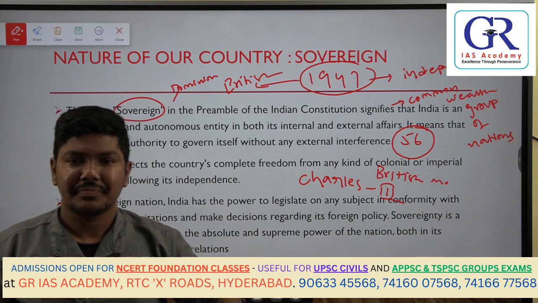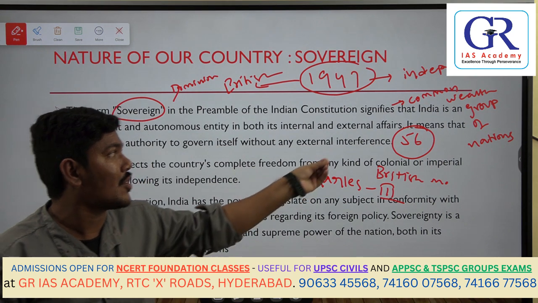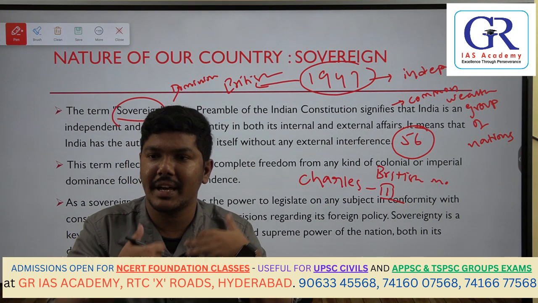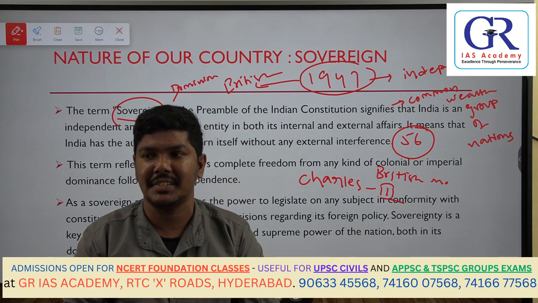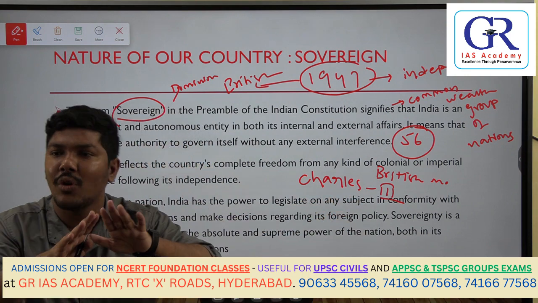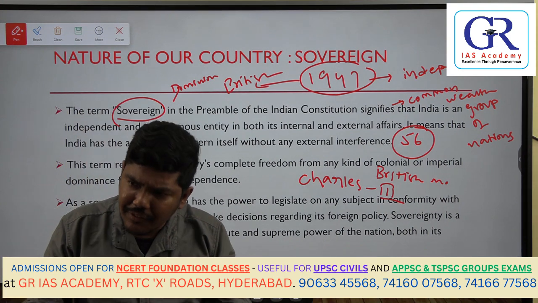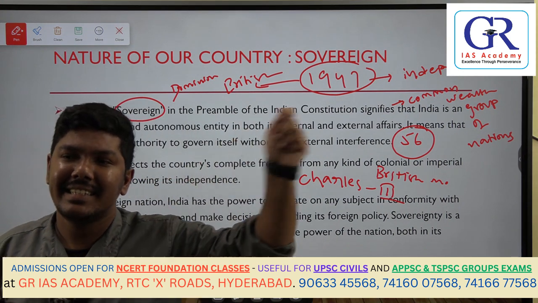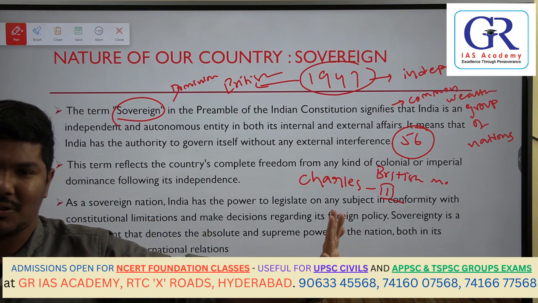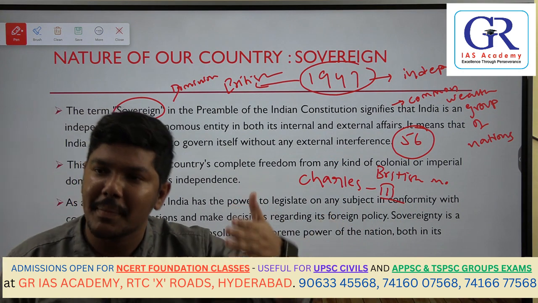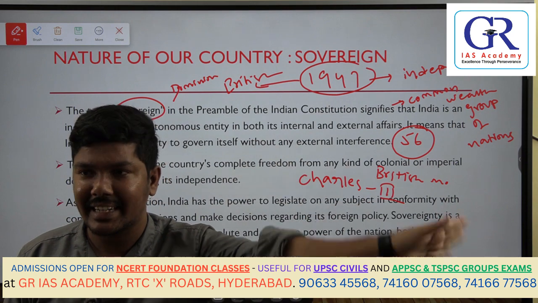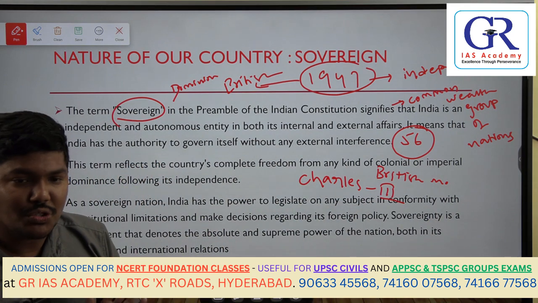No. Even though we are members, the British monarch has no power or control on us. Why? Because we are sovereign. He is just a nominal head, that's it. We thought to continue our membership in the Commonwealth even after 1950. So you should understand that.